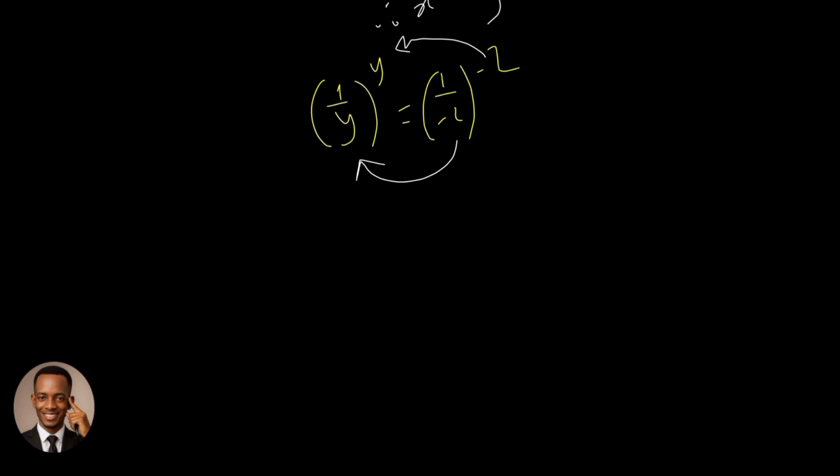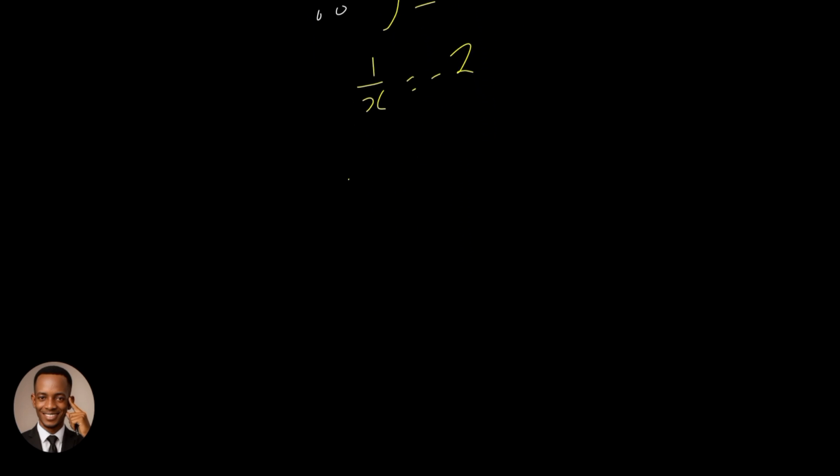We have a base and a power that are exactly the same. Therefore, we can conclusively say that y equals minus 2 by direct comparison. And don't forget, y equals 1 over x. So we have 1 over x equals minus 2. Therefore, we can now solve for x directly. We have x equals minus 1 over 2.